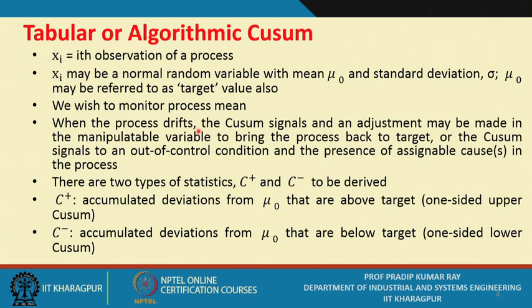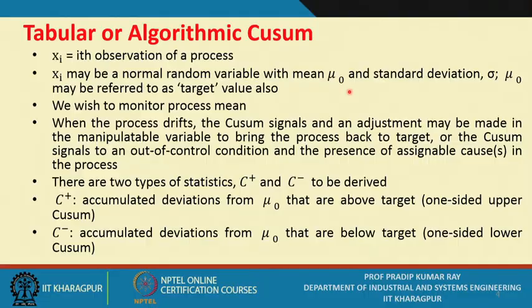The Cusum signals and an adjustment may be made. What is the signaling? If you use the Cusum control chart and at a certain point in time there is a change in the process mean, the Cusum will send a signal, and looking at the signal, you may assume that the process has gone out of control.